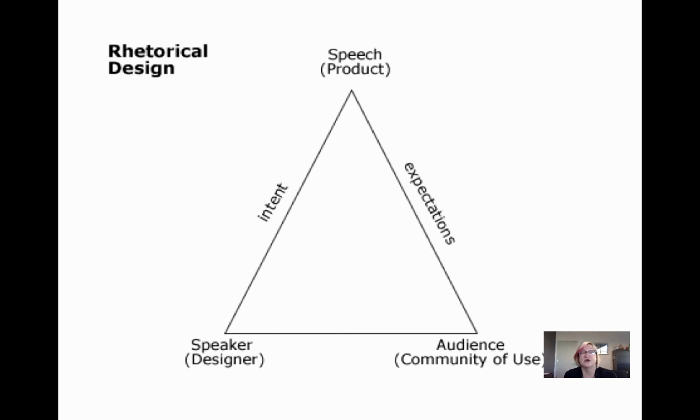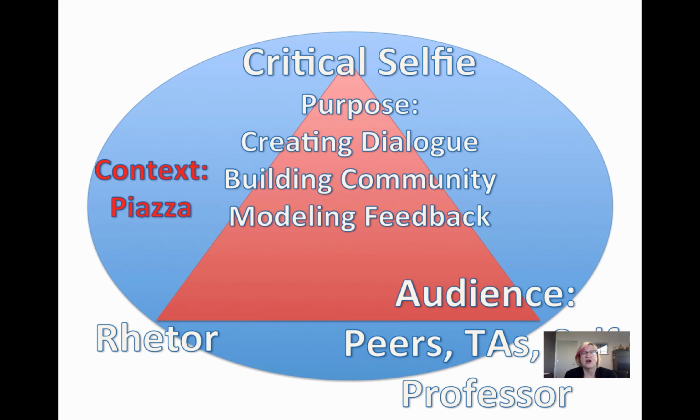So in the case of the critical selfie, the artifact that you're producing is the 4 selfies and your commentary upon them. But you as the rhetor are mindful of the fact that there's an audience that you're speaking to in the context of Piazza.